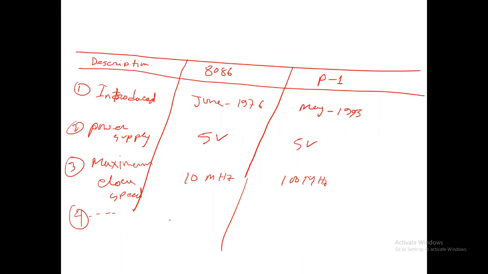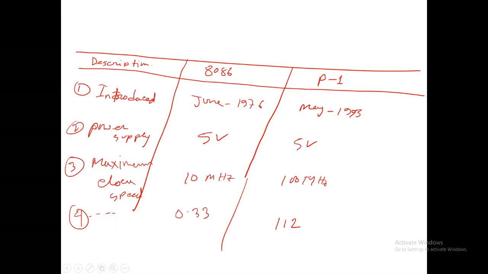These are 0.33 million, and these are 112 million instruction execution per second. Okay, all are clear? Yes, sir.